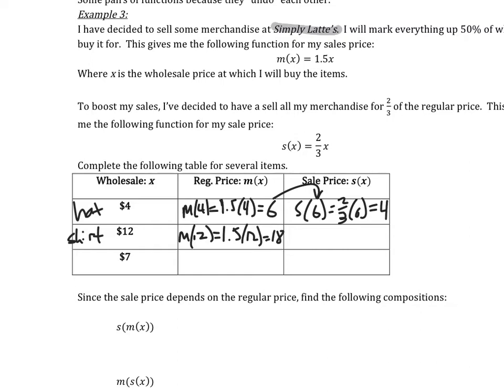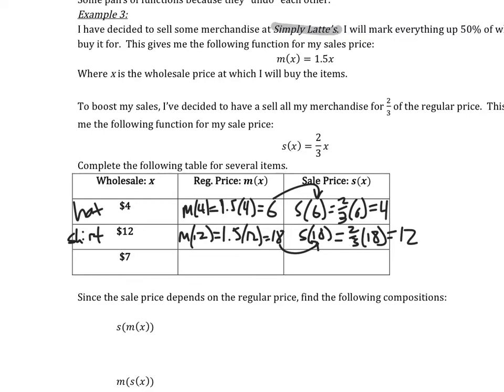My sweatshirts cost $18, but today on sale, my sale is going to be 2/3. To find the sale price, I'm going to put the 18 in here. Normally they're $18, but today it's 2/3 of 18. 1/3 of 18 is 6, so 2/3 of 18 is 12.